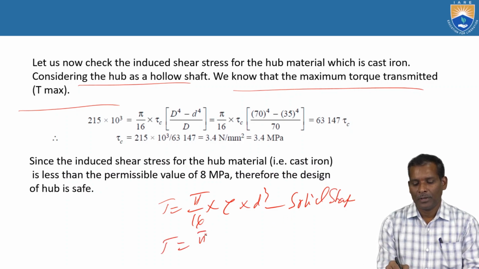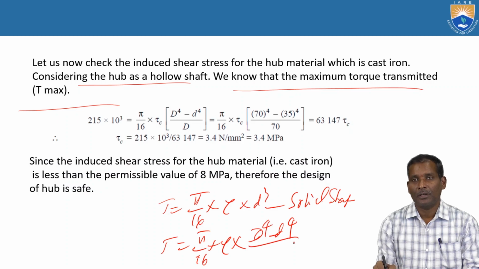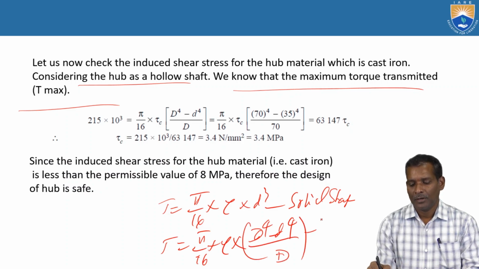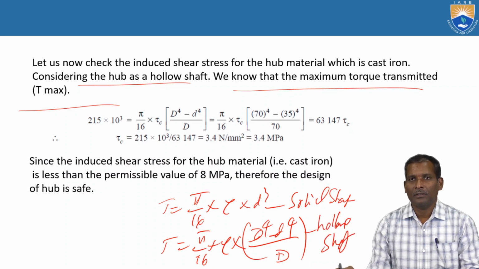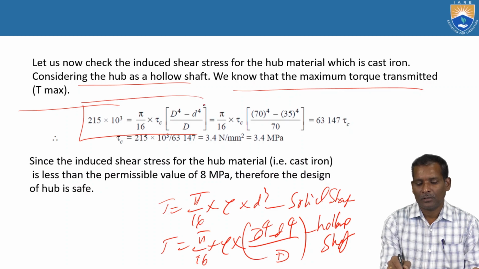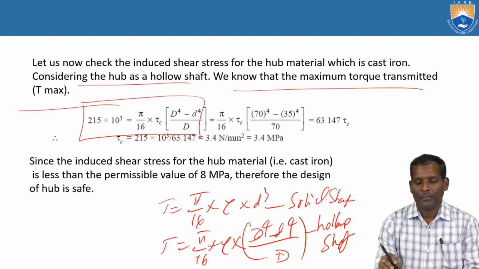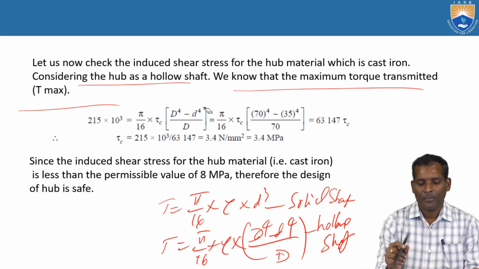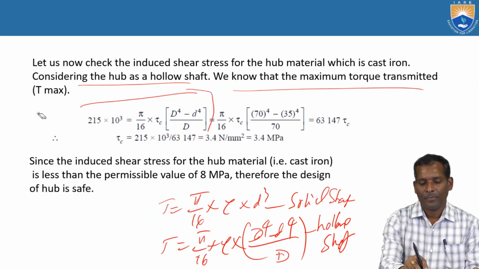For a hollow shaft, π/16 × tau × (D⁴ − d⁴)/D. Here the hub is considered as a hollow shaft, so apply this torque transmitted equation.